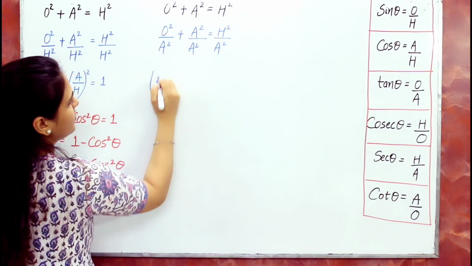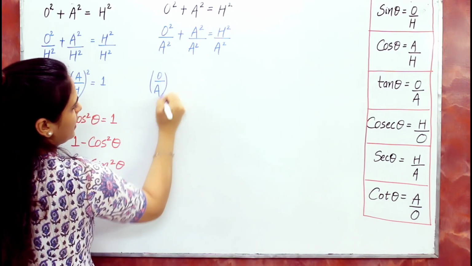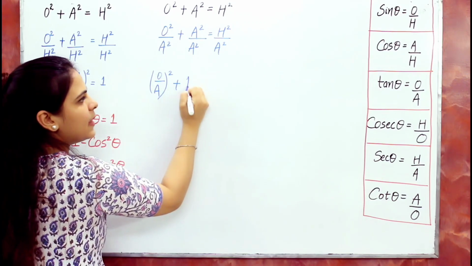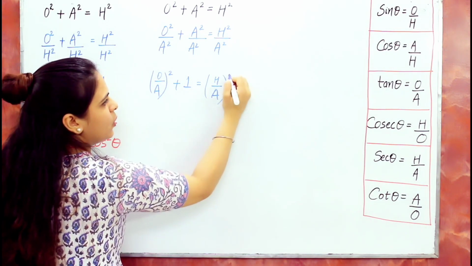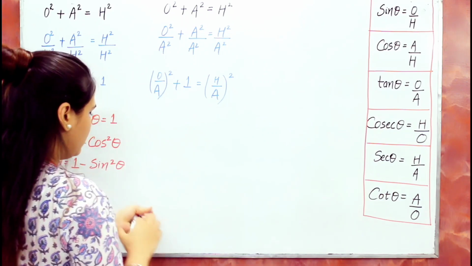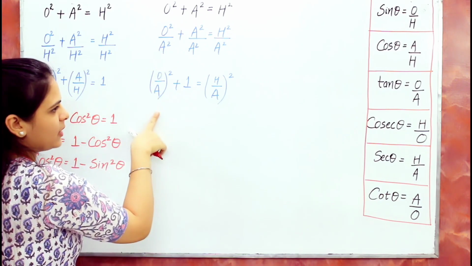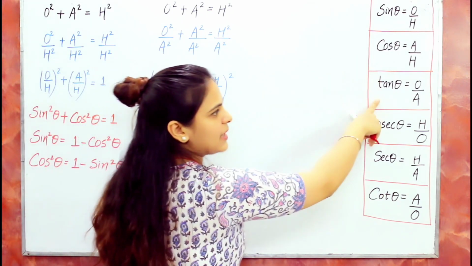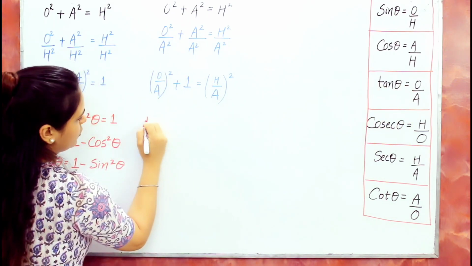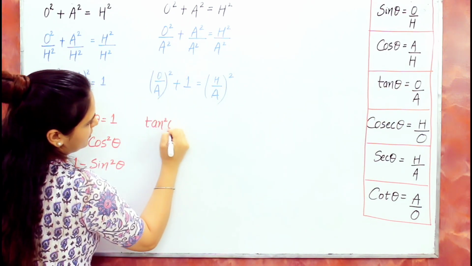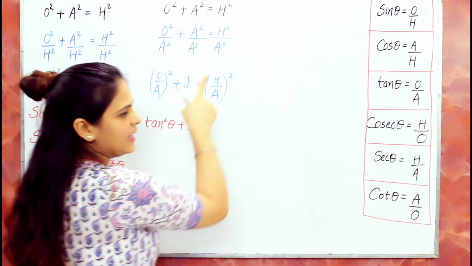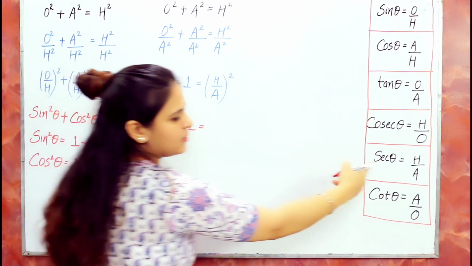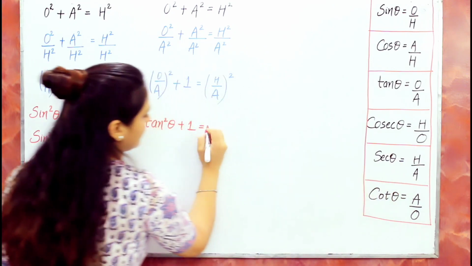This can be written as O upon A whole square plus 1 is equal to H upon A whole square. As we know, O upon A is equal to tan theta. So I'll write tan square theta plus 1 is equal to H upon A, which is sec theta.